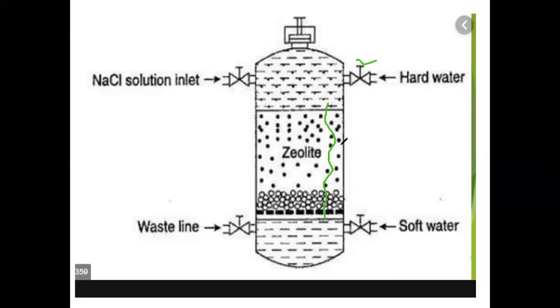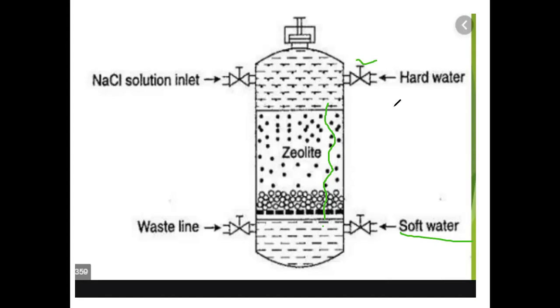Hence the calcium and magnesium is removed from the hard water, and when the water reaches this spot, it will be soft water, and whatever extra hard water remains still will be removed from the waste line. So this is the waste line.